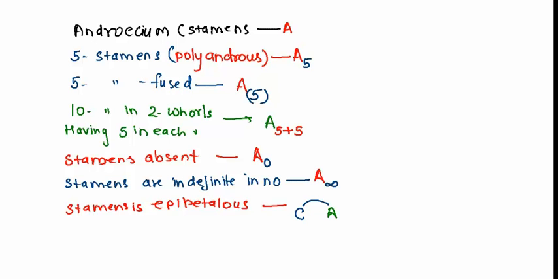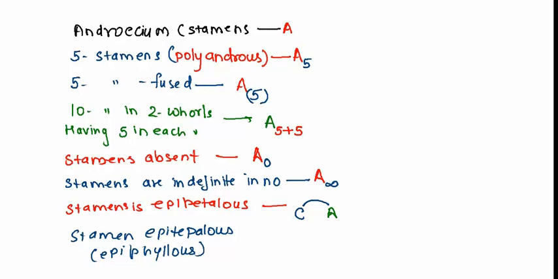Another condition is if the stamen is epitepalous, it is also called epiphyllous. Then it is represented as P for tepal, A for androecium, and an upward arrow, like this.